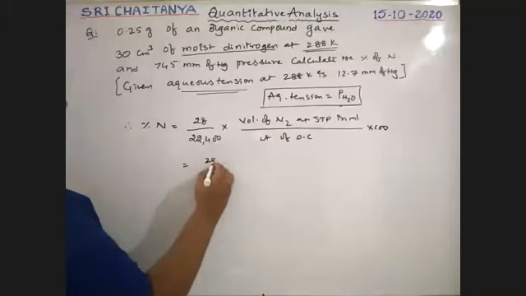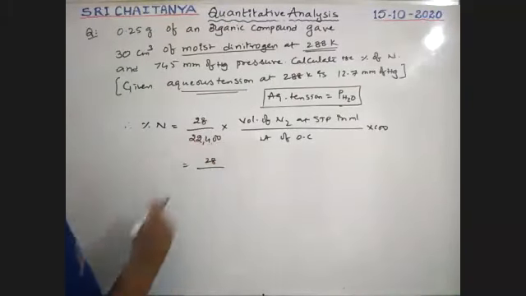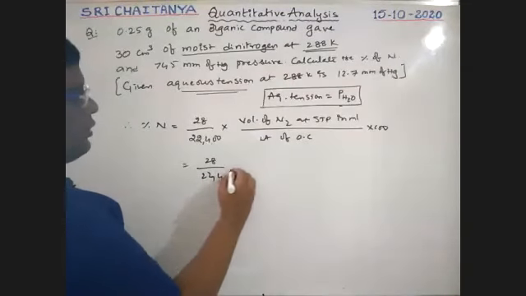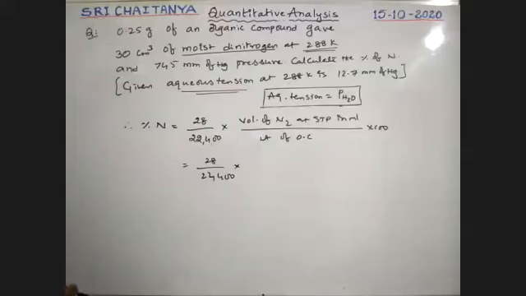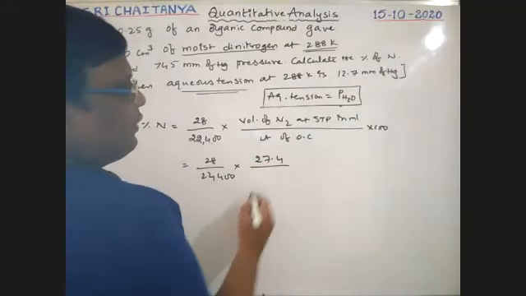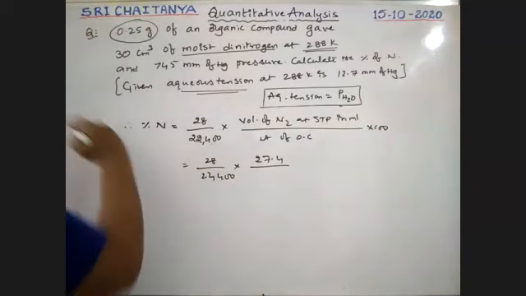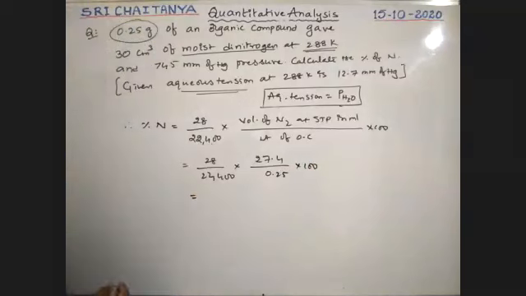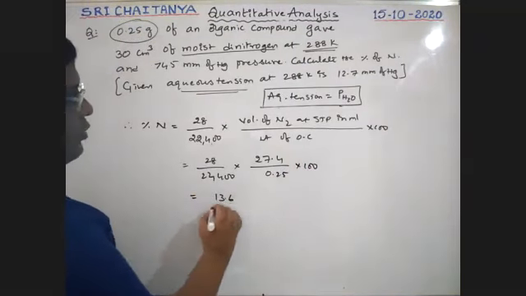That is 28 by 22,400 into the volume of N2 at STP we found, 27.4, by weight of organic compound 0.25 into 100. So finally we have 13.6 as the answer.